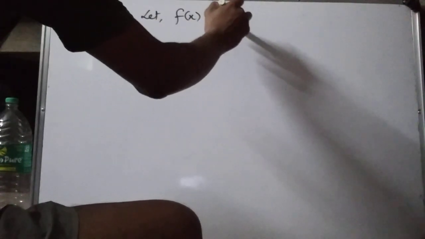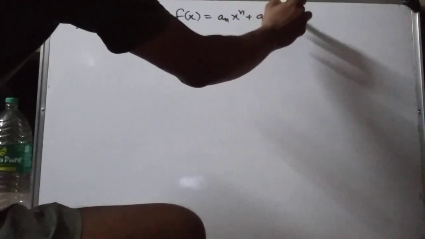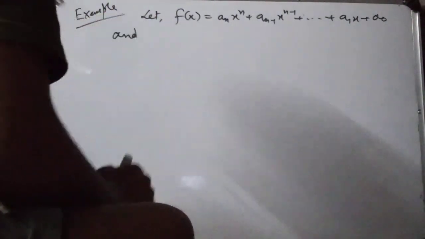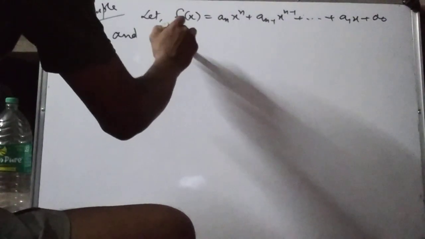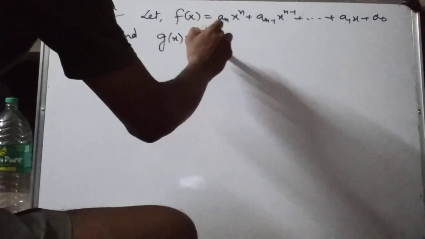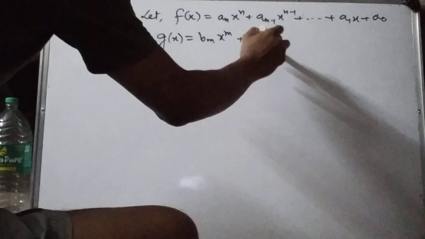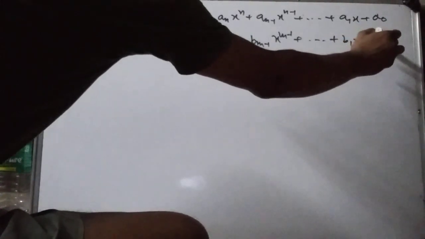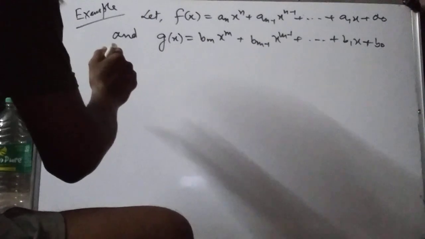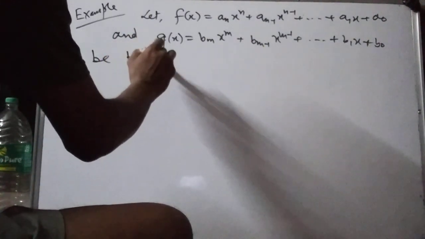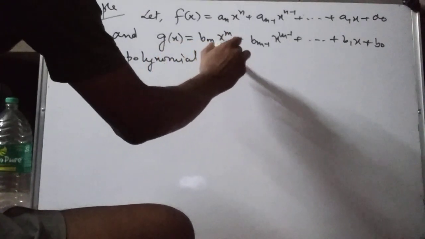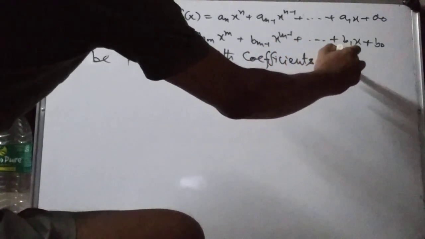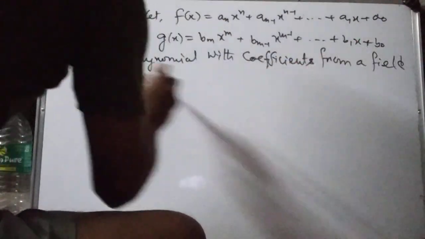Let f(x) equal a_n x to the power n plus a_(n-1) x to the power n-1 plus dot dot dot plus a_1 x plus a_0, and g(x) equal b_m x to the power m plus b_(m-1) x to the power m-1 plus dot dot dot plus b_1 x plus b_0, be polynomials with coefficients from a field F.